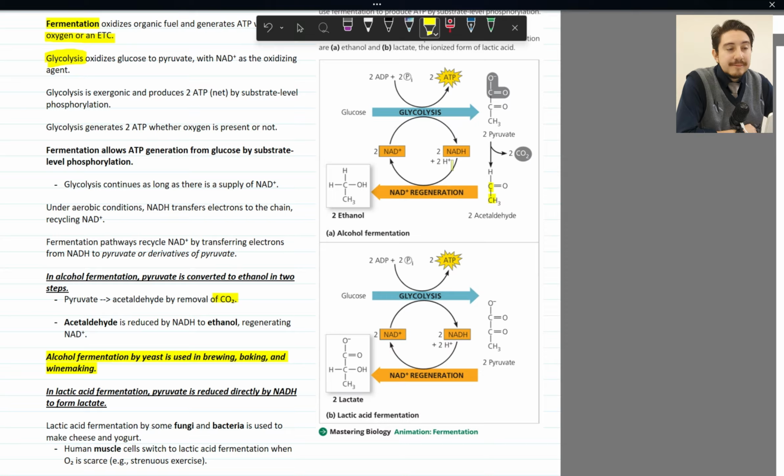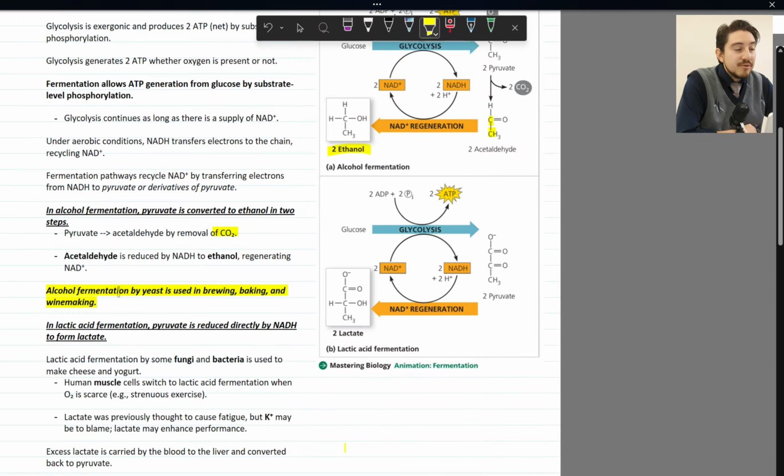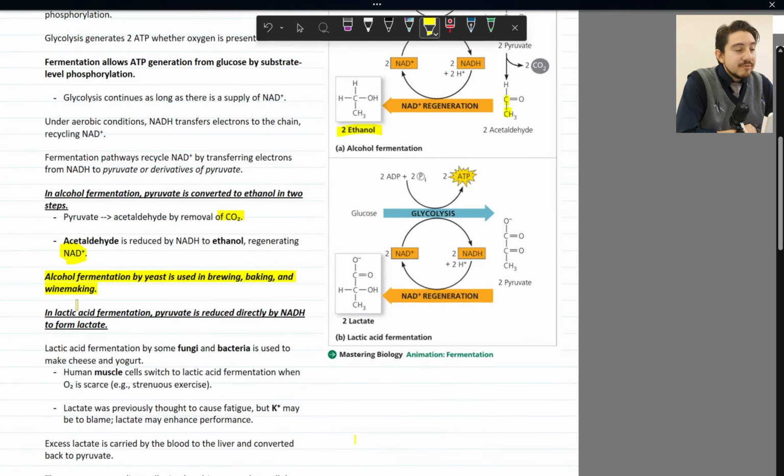This is called NAD plus regeneration. So acetaldehyde will be reduced to ethanol. Alcohol fermentation reduces acetaldehyde to ethanol, ultimately regenerating NAD+.